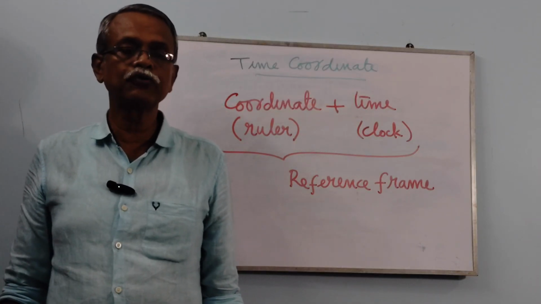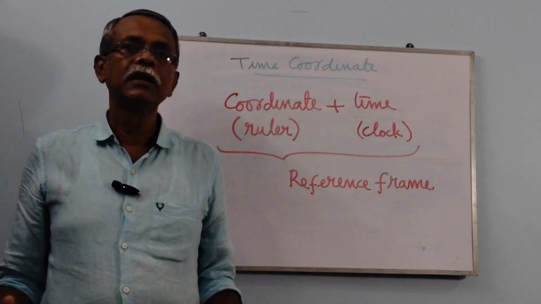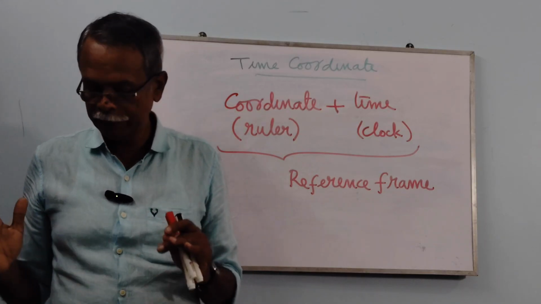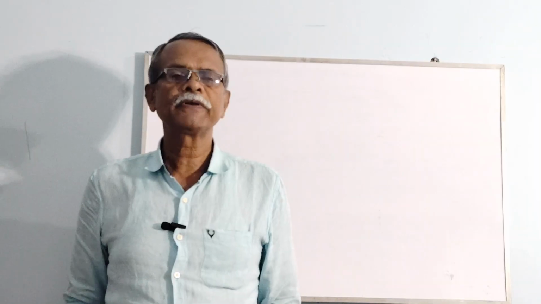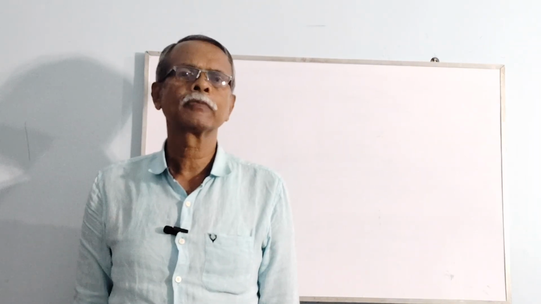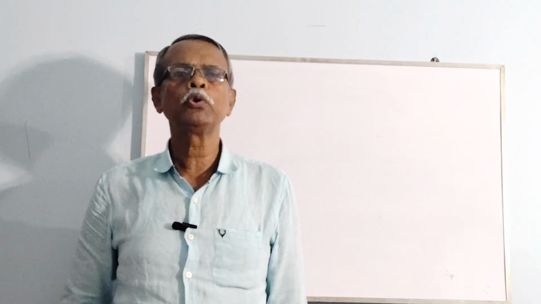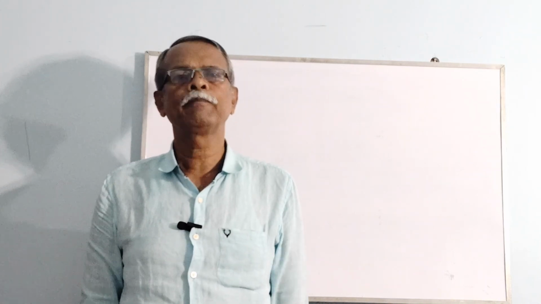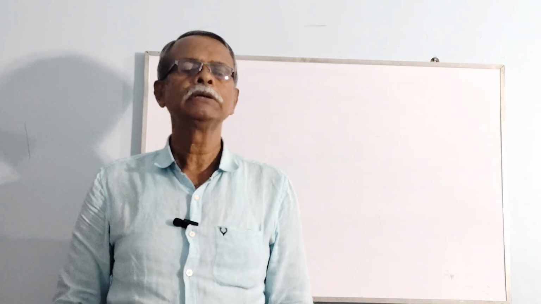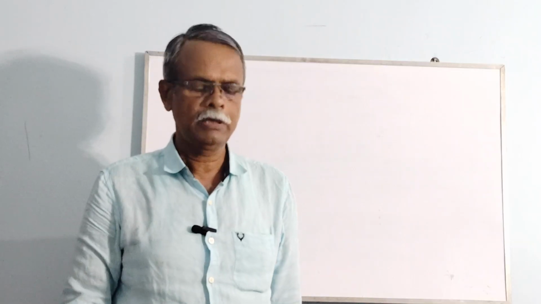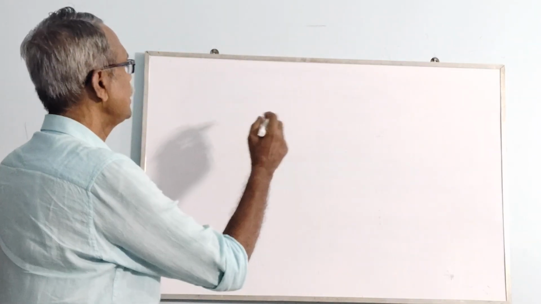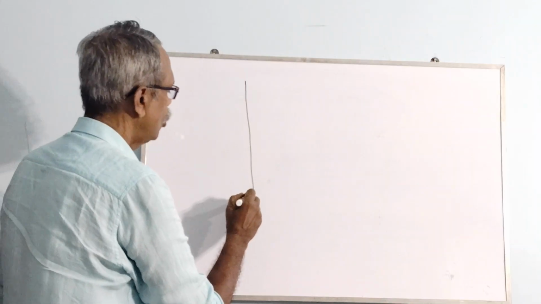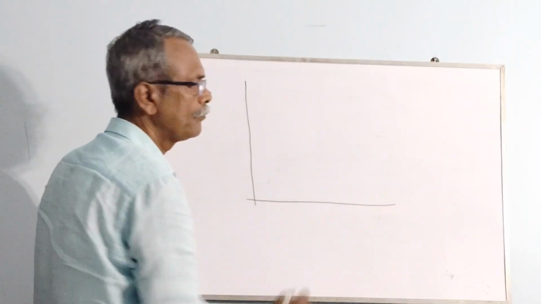So, a reference frame completely describes the position of the particle, as well as we have fixed the position of the particle. Next thing we have to do is to understand how it is moving. For that, we consider a particle which is having a coordinate like this.